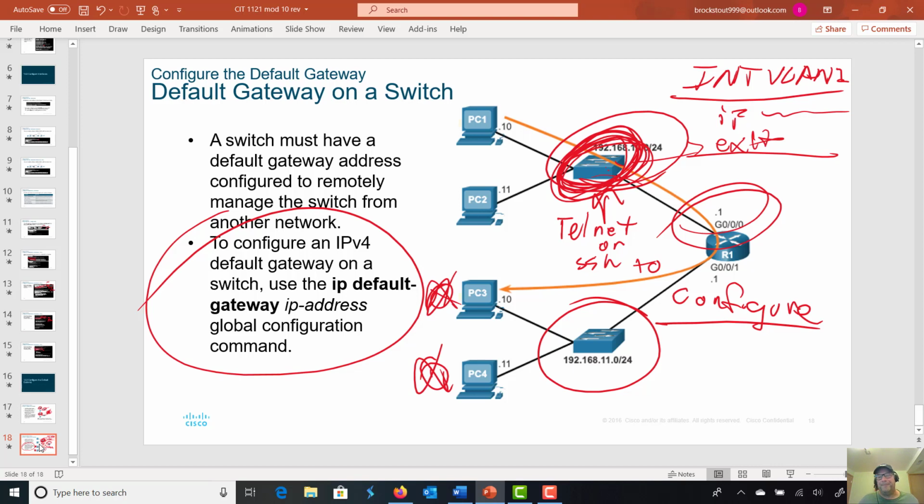So remember, all devices on the same LAN have the exact same default gateway IP address, and that is the address of the router interface that is connected to that LAN.